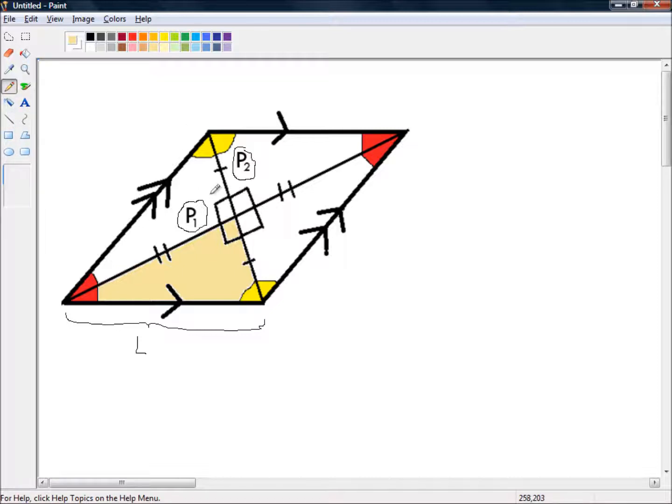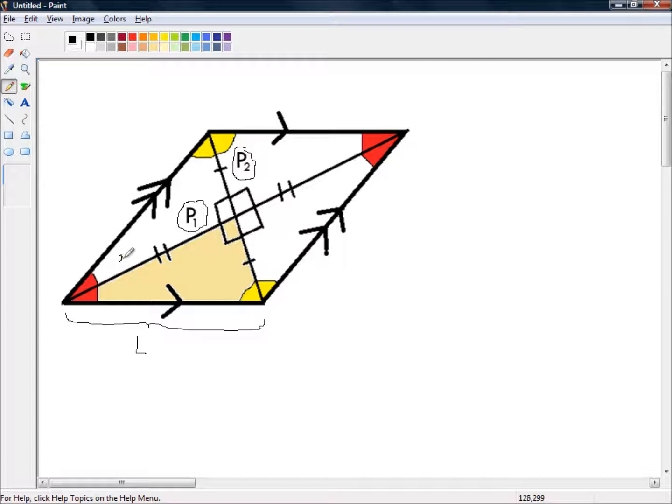Now what you can say is that this P1, or this diagonal here, half of that diagonal forms one of the legs of our right angled triangle. Let's call it A, and let's use a colour that we can actually see.